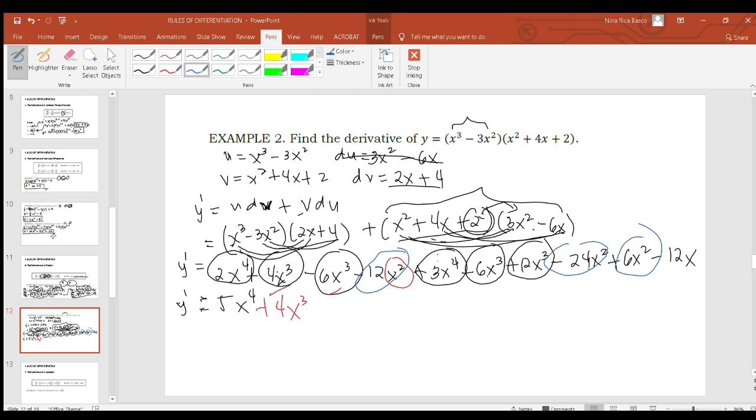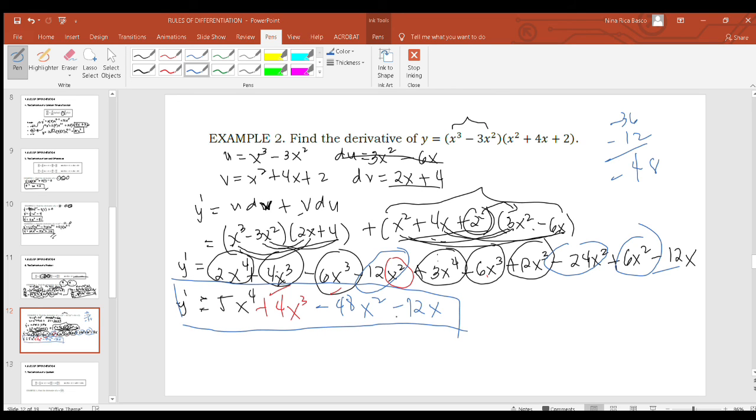Negative 36 plus 6 is negative 30. Then minus 12x, since it has no like term. So our final answer, y prime is equal to 5x to the fourth plus 4x cubed minus 48x squared minus 12x.